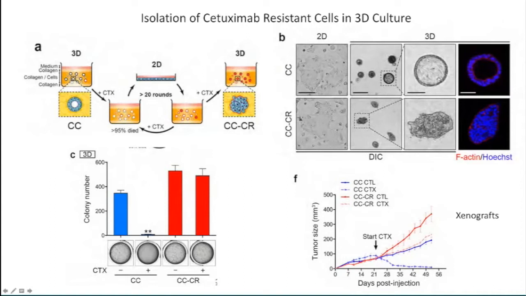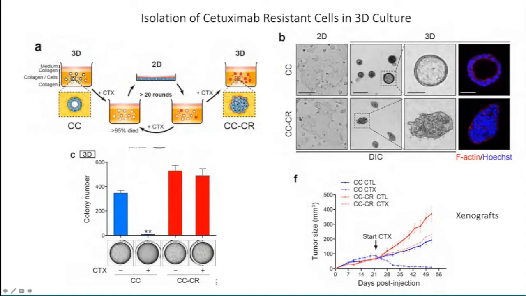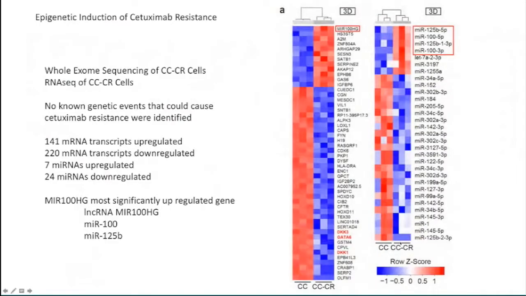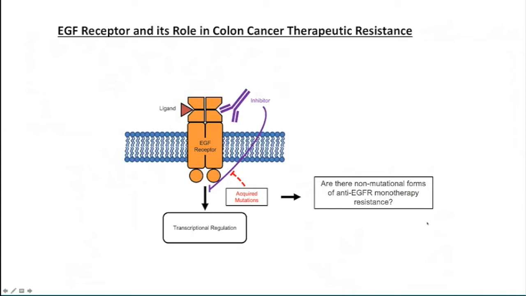After, I believe, 18 days of this iterative selection, she was able to derive these cetuximab-resistant cells. And when they take those cells and put them into mice, you can see that the cetuximab resistance continues on.